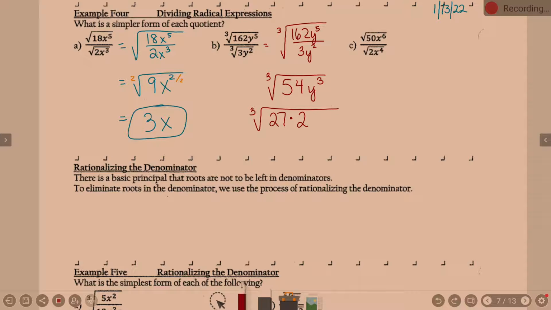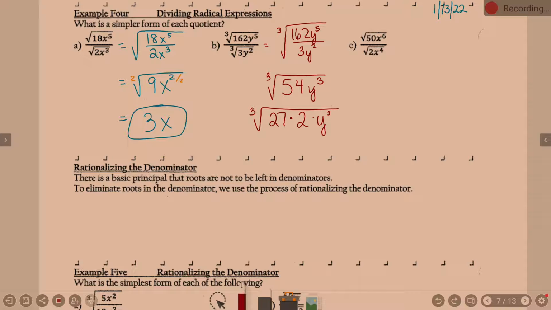So 54 is still there. It's 27 times 2. Y to the 3rd. Am I going to be able to take the cube root of y to the 3rd? Yeah. Can I take the exponent of 3 and divide it by the root of 3? Yeah, so I'm just going to leave it as y to the 3rd, because I'm going to be able to do that.